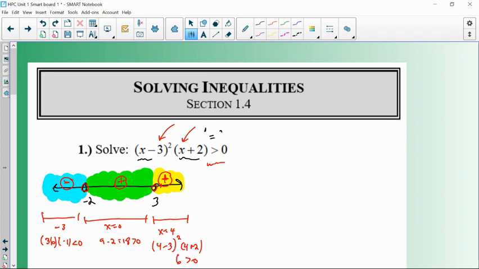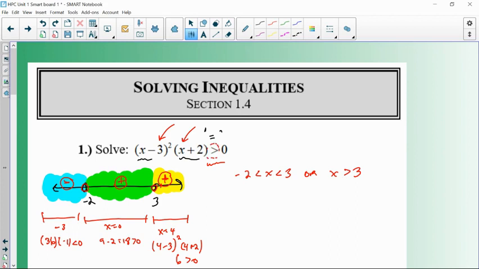I want things that are greater than 0. Now that my sign chart visually shows me where the positives and negatives are, I know the solutions would be anything from -2 < x < 3, or x > 3. Notice I have to make sure I use strictly less than and strictly greater than, because my inequality is strictly greater than.